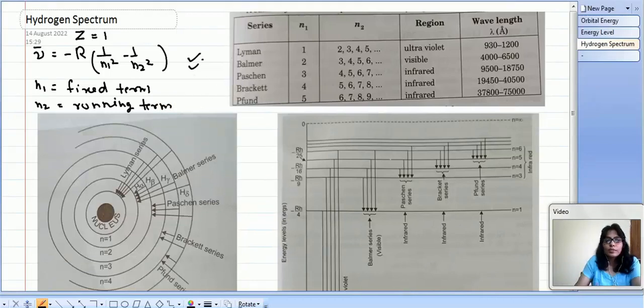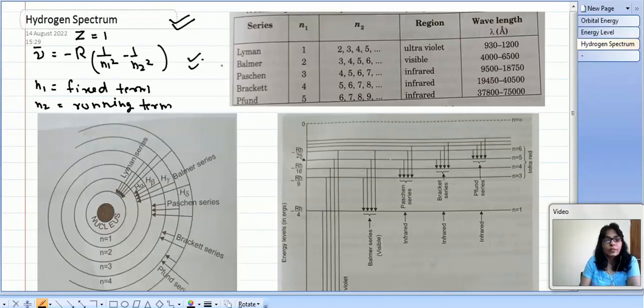Now in this table all these are summarized. First come to Lyman series. This is for the hydrogen spectrum. Recall that this is for the hydrogen spectrum because here we have substituted Z is equal to 1. The names of the series are only for the hydrogen spectrum.